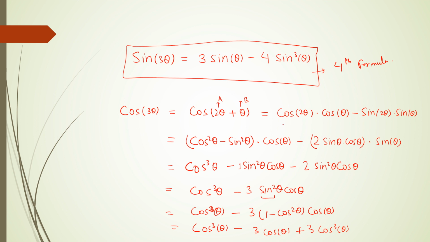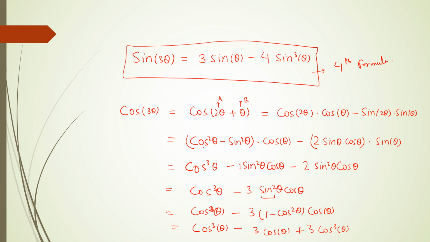Let's see again, check here, cos 2 theta. Cos of A plus B is cos A cos B minus sin A sin B. Now cos 2 theta we have read as cos square theta minus sin square theta into cos theta, minus sin 2 theta, which is 2 sin theta cos theta into sin theta. Okay.